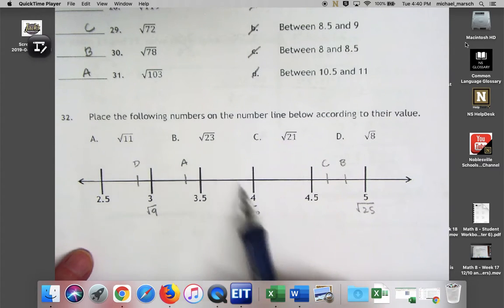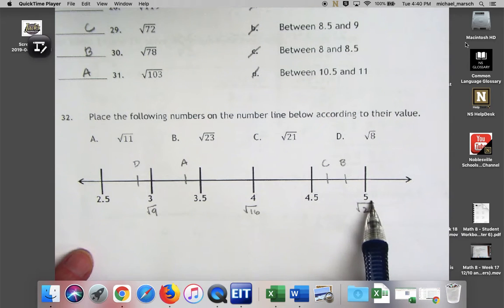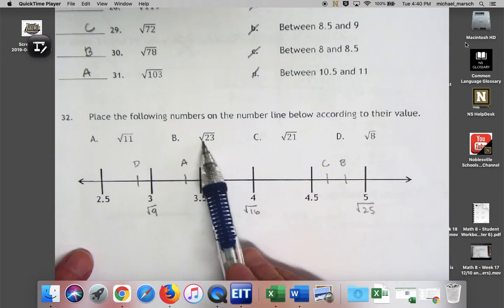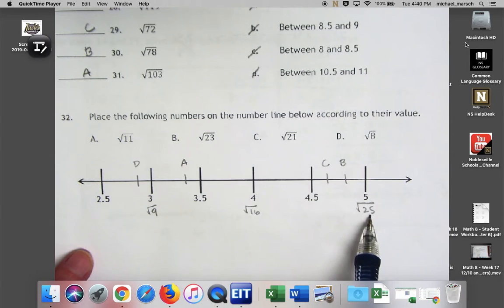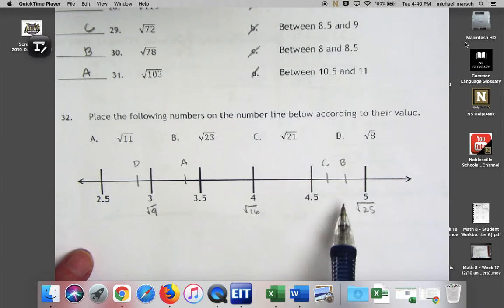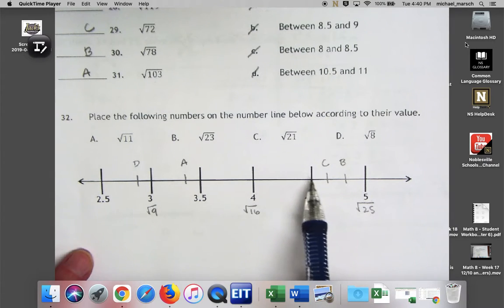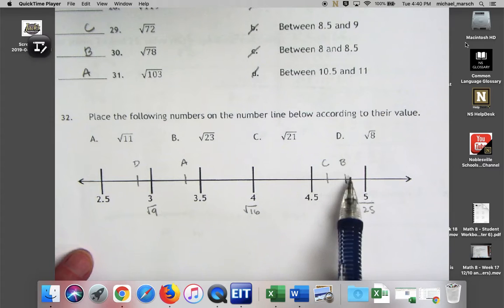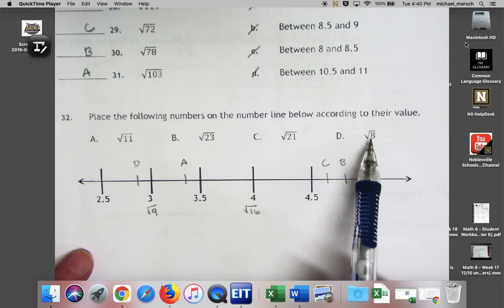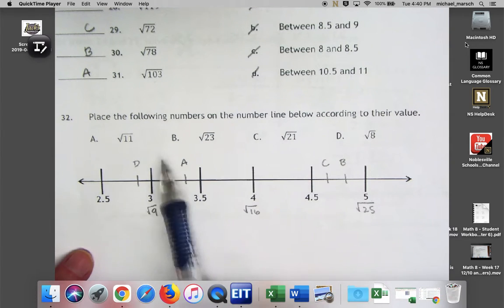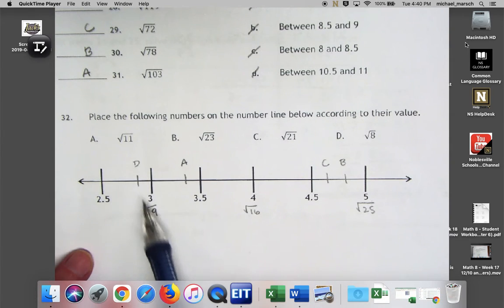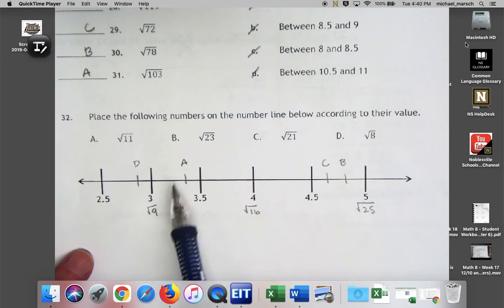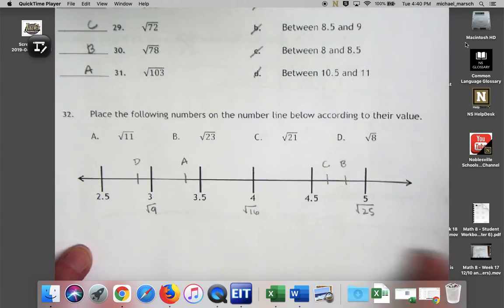Square root of 23 is going to be between 4 and 5, and the number 23 happens to be closer to the number 25, so that's why I put B over here. Square root of 21 is also closer to 25, but it's further away than 23, so that's why C is here, but on this side. And then square root of 8, 8 is really close to 9, so D is going to be right here before square root of 9. So that's how we estimated those values.